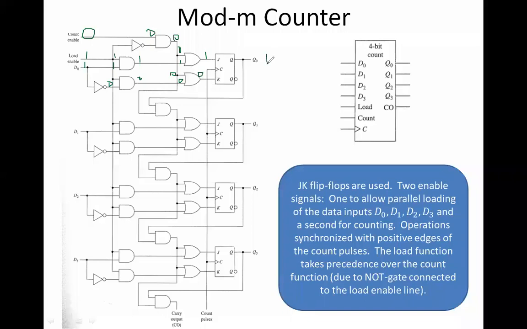equal to 1. For the JK flip-flop, if you look at the truth table, when J is 1 and K is 0, your output Q0 will be 1 and your Q bar is going to be 0. Those are carried forward to the next AND gate, and accordingly all these structures are functional.